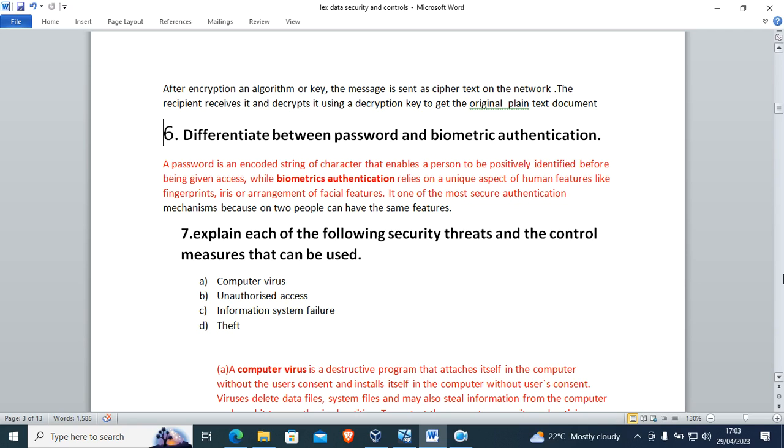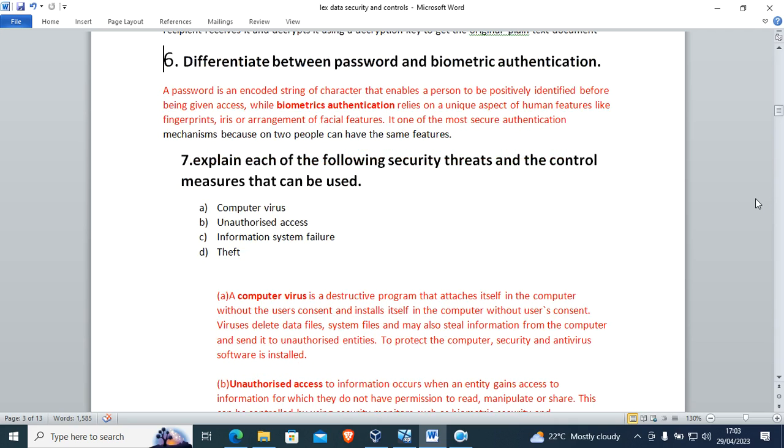Whereas biometrics, to some extent, when you want to access apps like the GoTV app, they usually allow you to supply your fingerprint or your iris or your face, in that it quickens the login or the authentication process. So those are called biometrics. You can use your fingerprints or your face, etc.